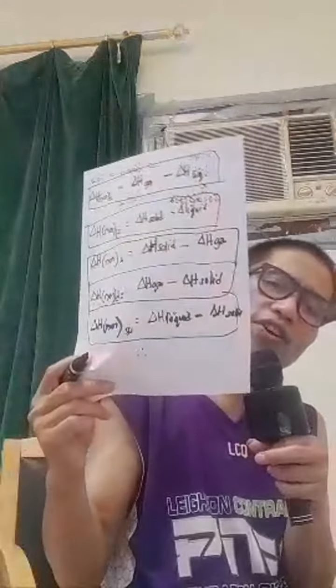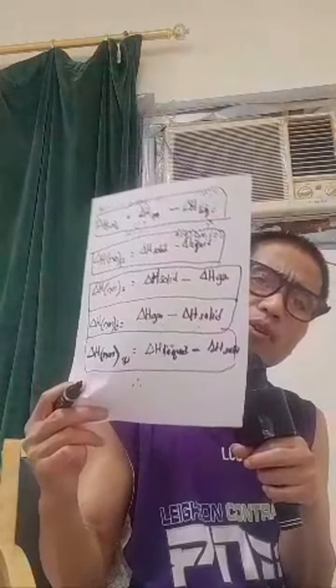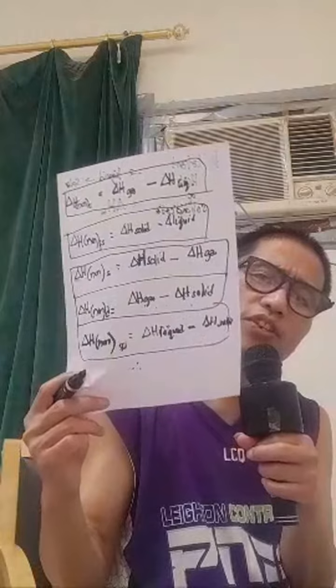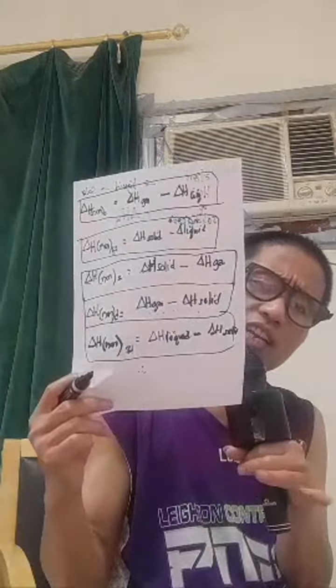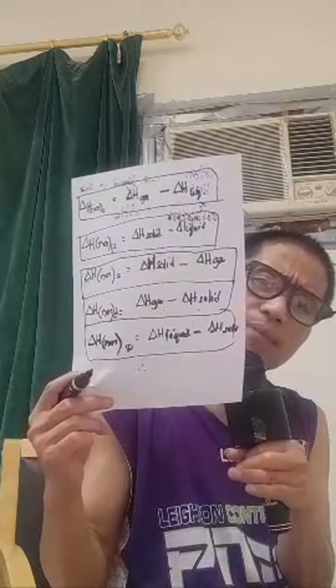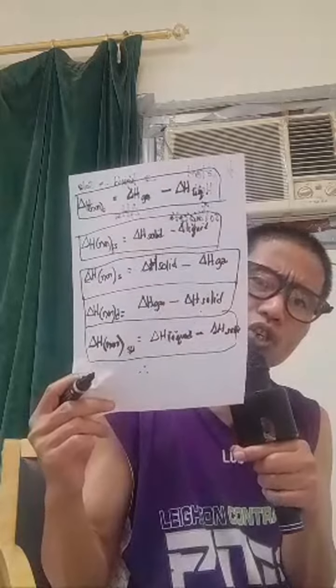Okay? There are actually 6 of them. But we only take into account the most common ones, which are evaporation, condensation, like that. Okay, sublimation, deposition, solidification, and fusion.